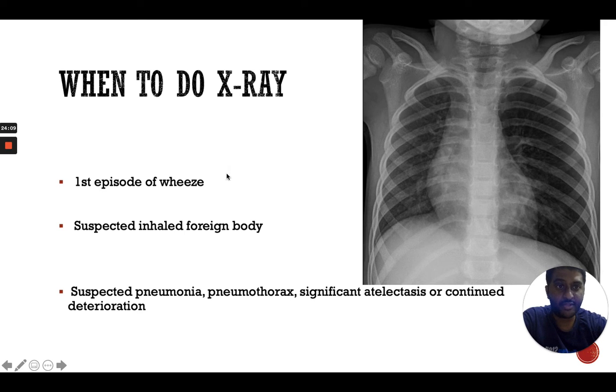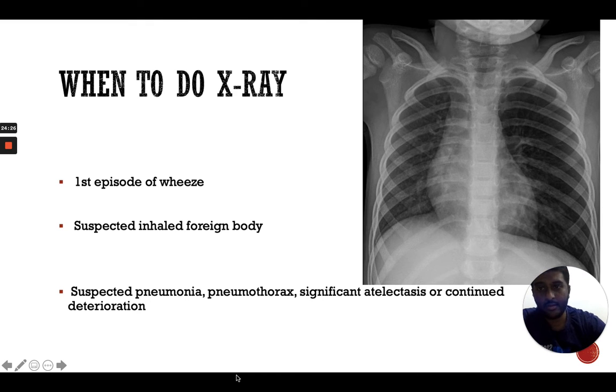Okay, the X-ray here actually shows a hyperinflation of the left side, and then the right side is normal. So this is an indirect sign of inhaled foreign body. Okay, so it's hyperinflated on one side, and it's normal here.